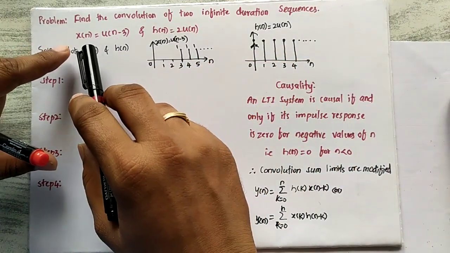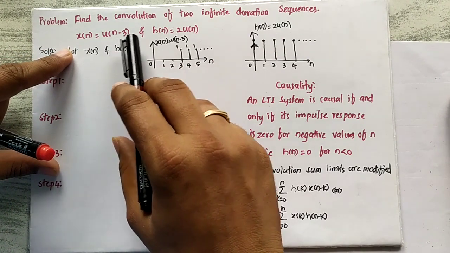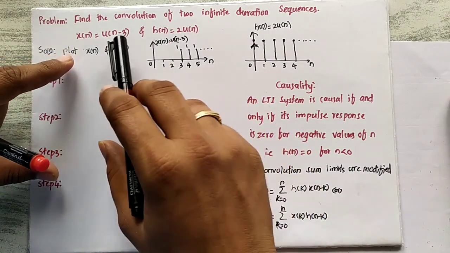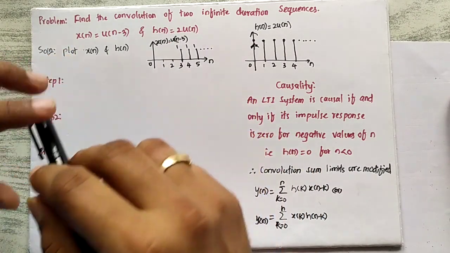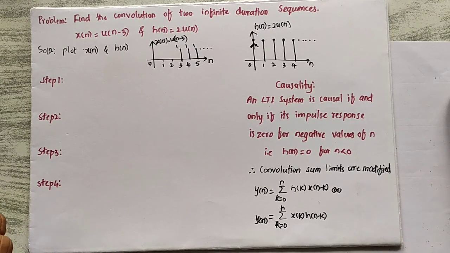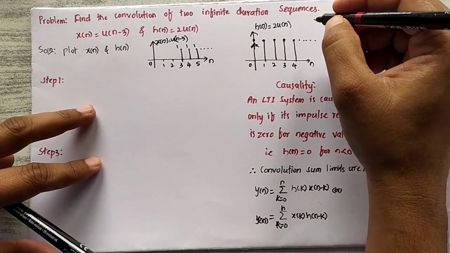The sequences are given: x of n equal to u of n minus 3, and h of n equal to 2u of n. You know that u of n is the unit step signal which starts at 0 and goes towards positive infinity. The value of u of n is 0 for negative values of n.